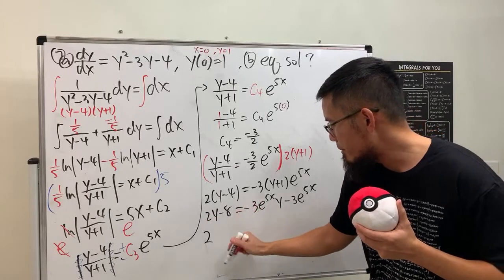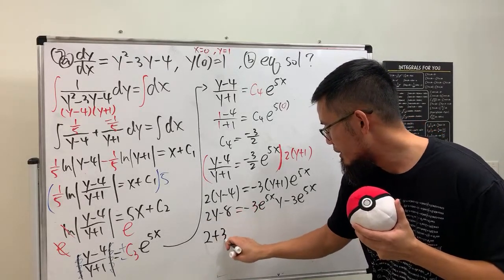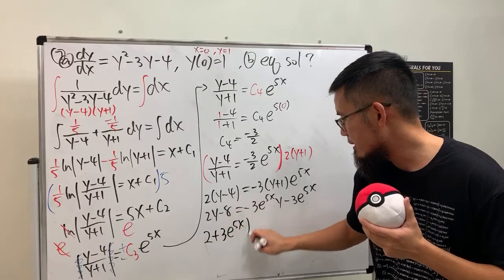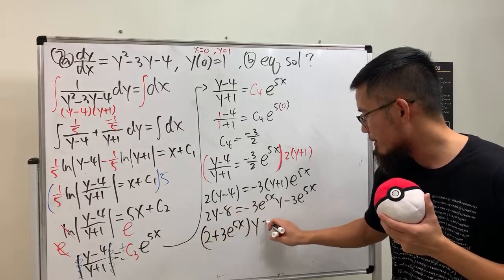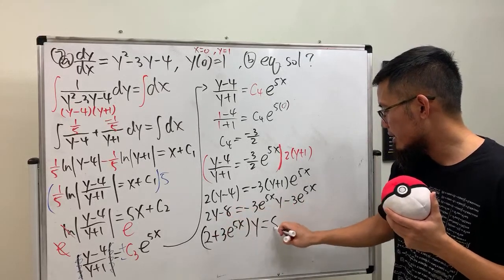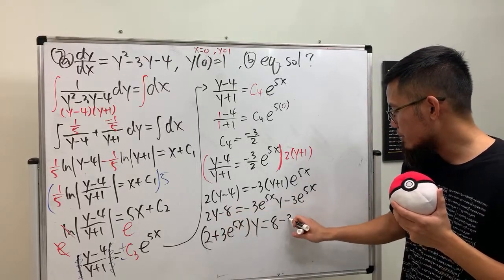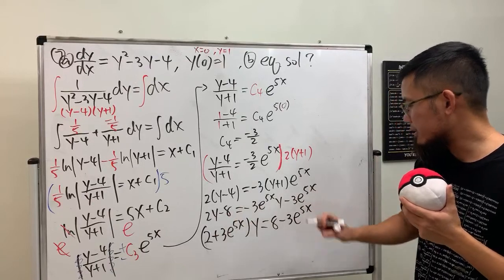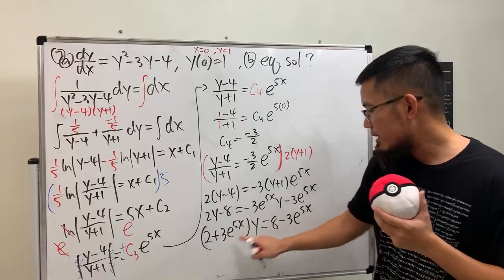Move this to the other side, it becomes plus 3e to the 5x in the exponent, and then the y. And then I'm going to move this to the other side, it becomes positive 8. Let's write that down first, and then minus 3e to the 5x. Lastly, divide this on both sides.